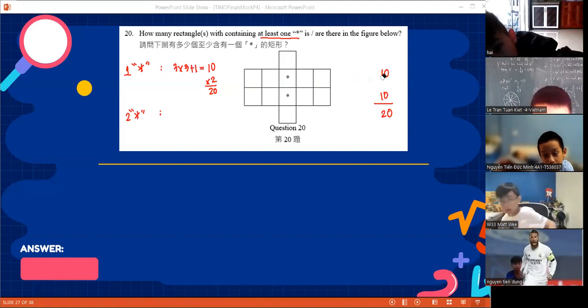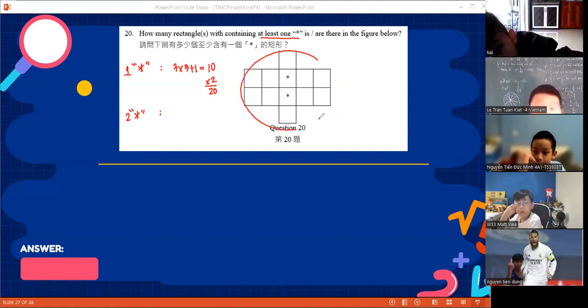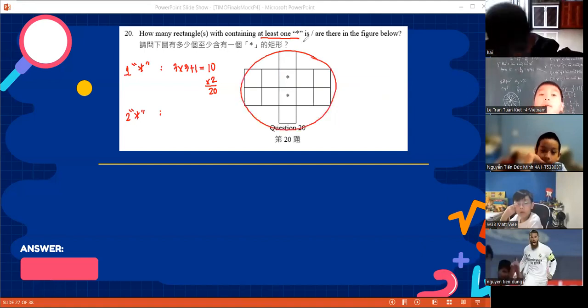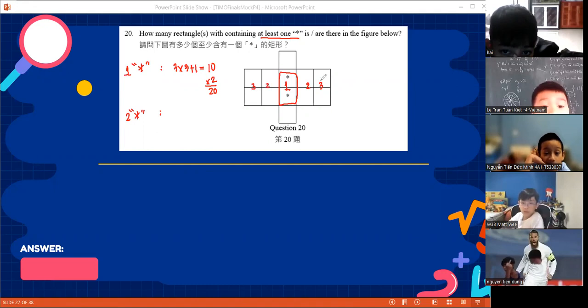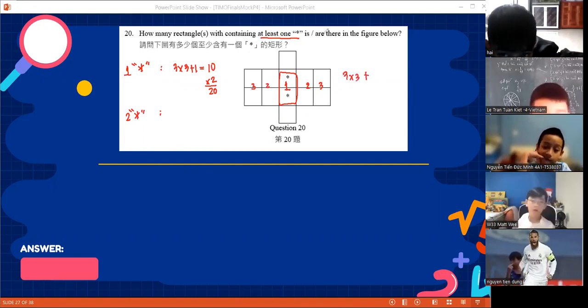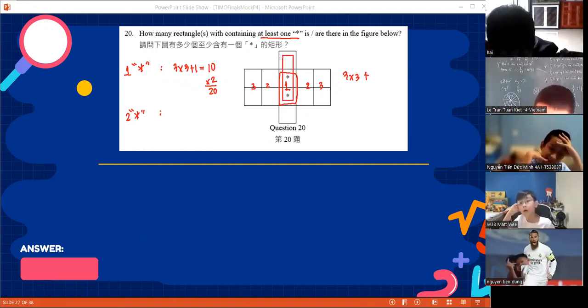How about the 2 asterisks here? Which is this one as a whole, right? So this will be counted as 1. So 1, 2, 3, 1, 2, 3. So this is again 3 times 3, right? Plus, we'll be able to form 1, 2, and 3.